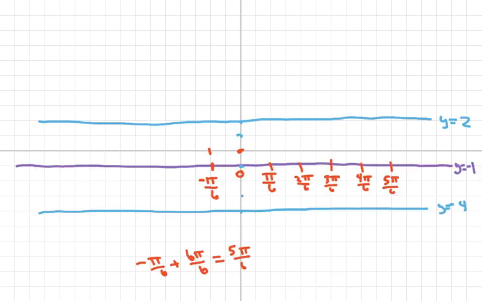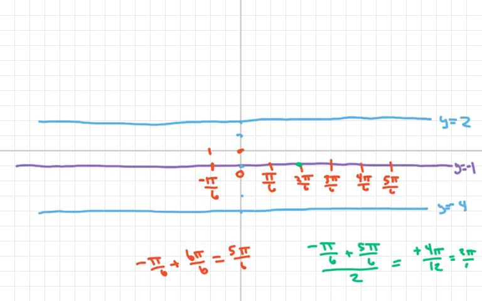And then I'm going to find my midpoints. The midpoint between negative pi over 6 and 5 pi over 6, you add those up and divide by 2. That's going to be 4 pi over 12, or if I leave it in terms of 6, it's 2 pi over 6. So my midpoint is right here.